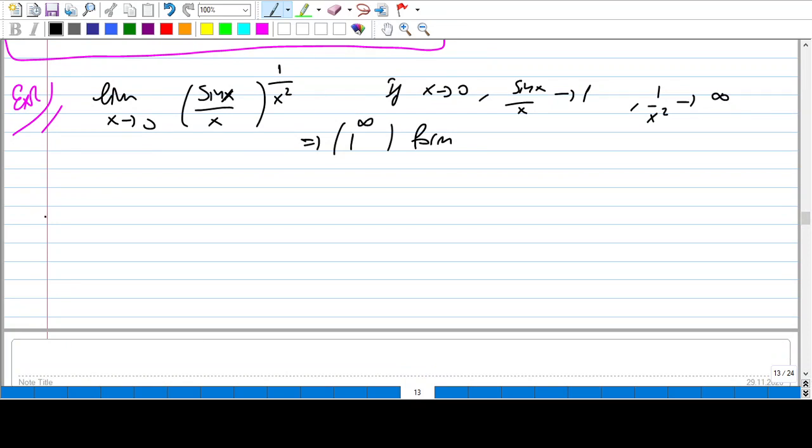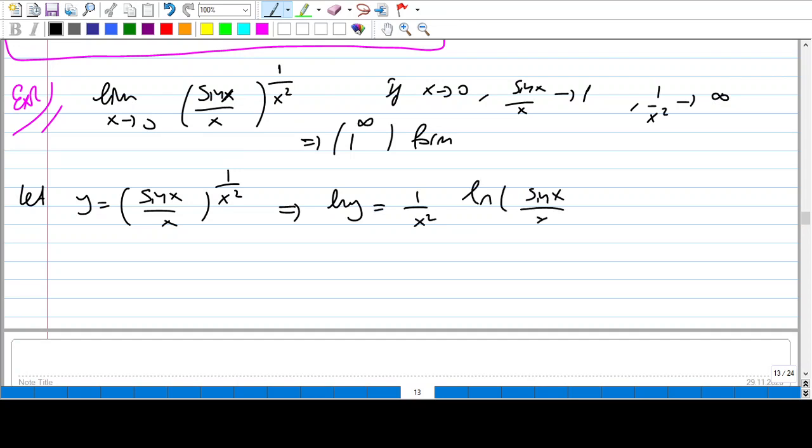Okay, let's do the following. Let y be sine x over x, to the power 1 over x squared, which implies that ln y is equal to 1 over x squared times ln of sine x over x. Take the limit of both sides.